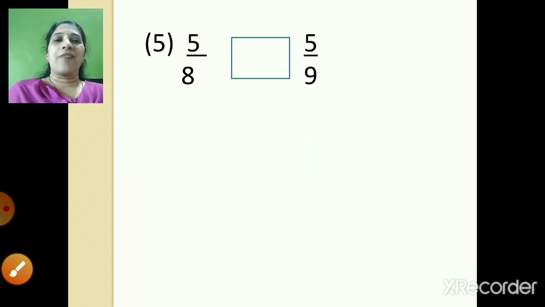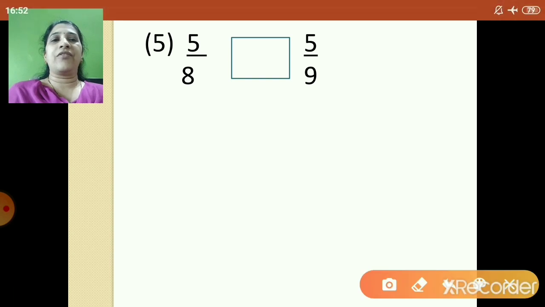Fifth one. 5 upon 8 and 5 upon 9. So again children, what are you seeing? The two denominators are different. One is 8 and one is 9, so you cannot compare them. First you will convert this unlike fraction into a like fraction. So what are you going to do?